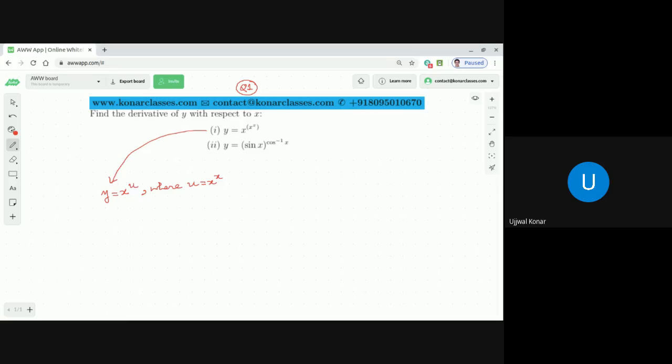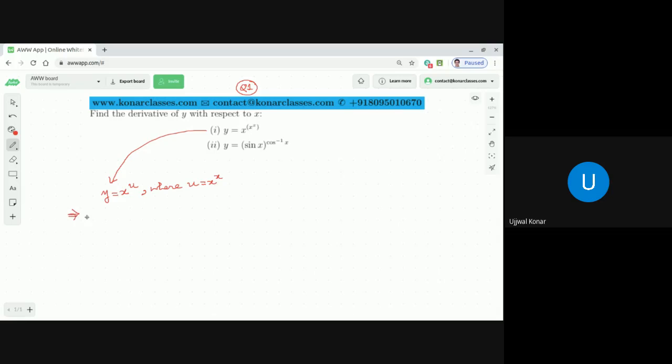Never hesitate. So y equal to x power u, where u equal to x power x. What is our task? Our task is to find dy/dx. That is what the question asks, isn't it, dear students? Now, a general practice is that whenever you come across this kind of situation, it is better to take a log.